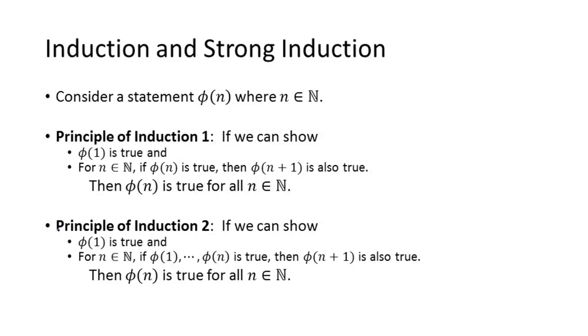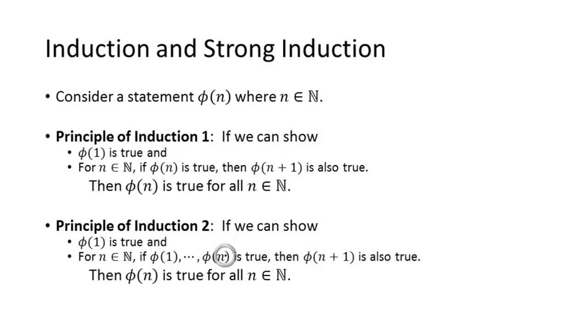In the second version of the principle of induction, which we usually refer to as strong induction, we have the following. P1 is true, and for every natural number n, if P1 up to Pn are true, then Pn plus 1 is also true.